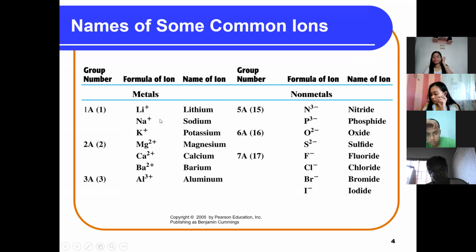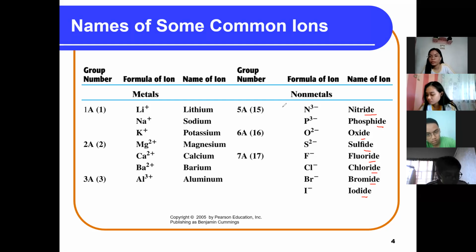So the cations are named as such, but the anions will be named with an -ide ending. Fluorine, fluoride; chlorine, chloride; bromine, bromide; iodine, iodide; oxygen, oxide; phosphorus, phosphide; nitrogen, nitride. What about carbon, class? How will we name carbon as a non-metal? Carbide. Selenium, selenide. Iodine, iodide.